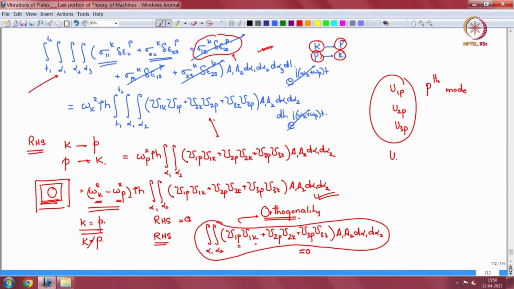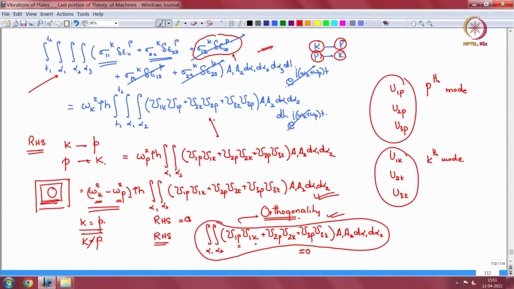Similarly, u1k, u2k and u3k together form the kth mode shape, and so this is the orthogonality condition for a general shell.